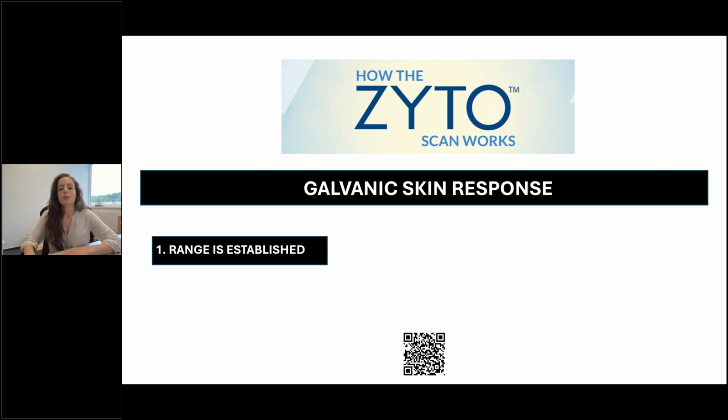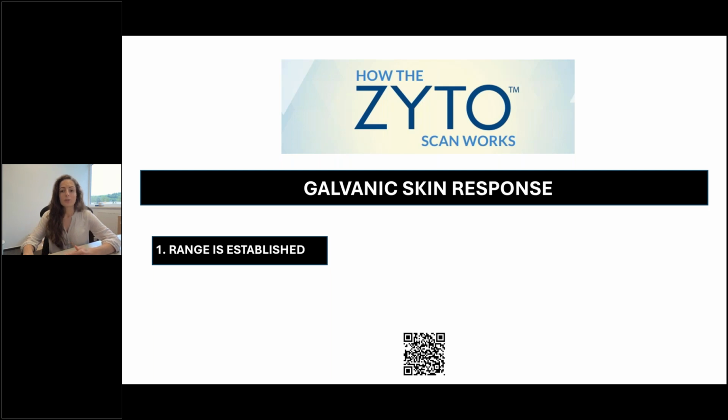So first, we establish your range, and the range is your normal response. In other words, it is something that will help us understand which responses are similar to your normal response and which responses are far away and very different from your normal response.